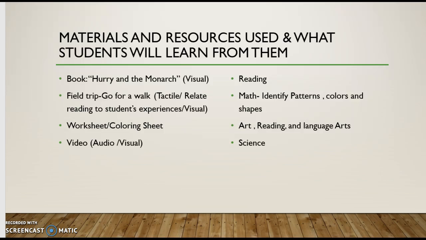And in this, there's a math subject. They'll identify patterns, colors, and shapes and sizes. The worksheet or coloring sheet introduces them to the subject of art, reading, language arts, and science. The video would be audio visual learning. It would also introduce them to science so they can see a lot of the things that I'm talking about while we're going through the lessons.